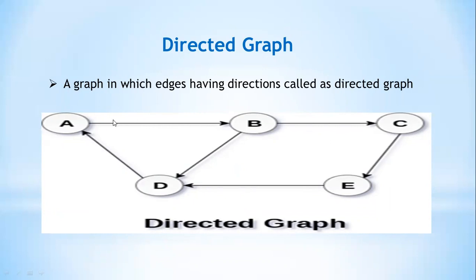What does it mean? A is connected to B, but B is not connected to A directly. B is directly connected to D, but D is not connected to B. C is connected to E, but E is not connected to C. So direction is mentioned, it means it is a restricted graph, and every edge has a direction.